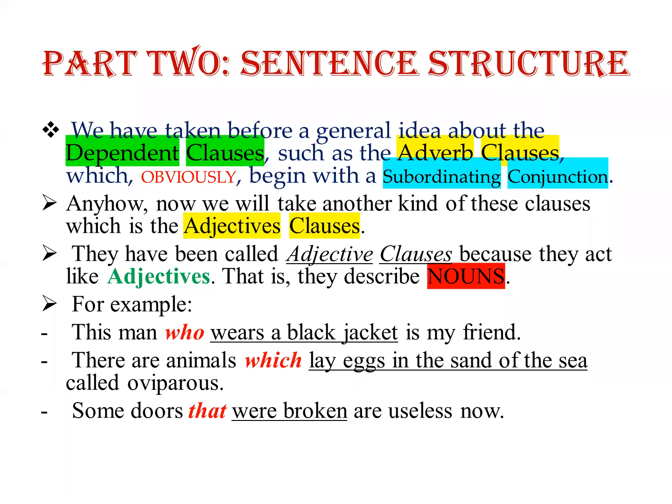We took one kind, which is adverb clauses, and we said they describe verbs, adverbs and adjectives. And we said in these adverb clauses, we have subordinating conjunctions such as because, since, whenever, whatever, and also when and while.